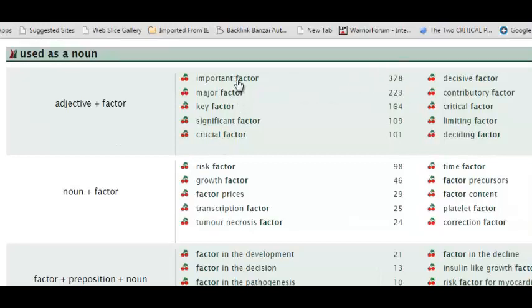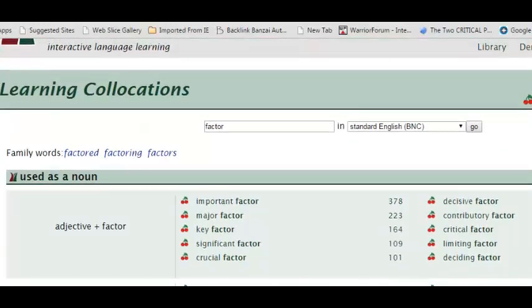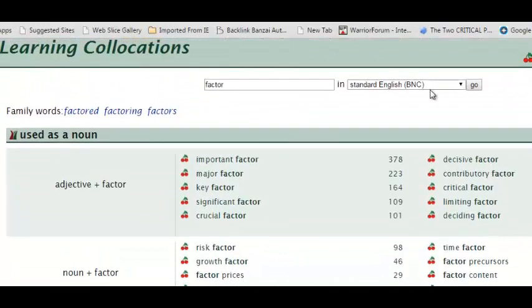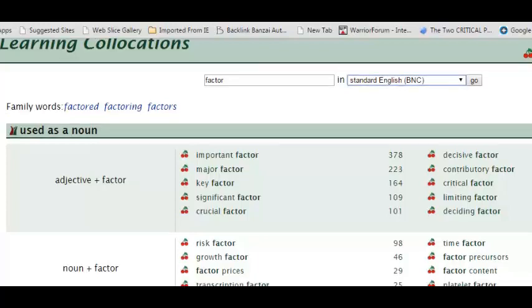Look at that, important factor: 378 instances in the standard English corpus, and here major factor, key factor, significant factor. So I think that the standard English corpus is more useful for your purposes than the academic English corpus.